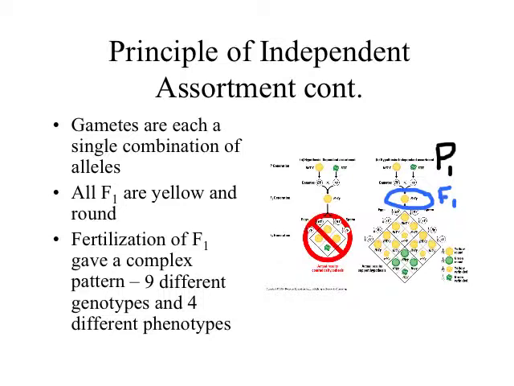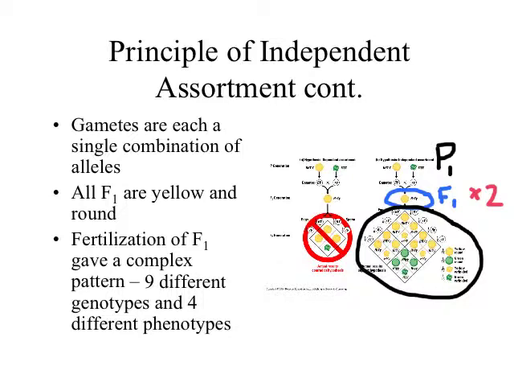Now, if we took 2 of these F1 generations and we mated them, then we get this big bang down here of an entirely different pattern than we've seen before. So we have 9 different genotypes, okay, so 9 different genetic combinations of the 2 alleles, and 4 different phenotypes.